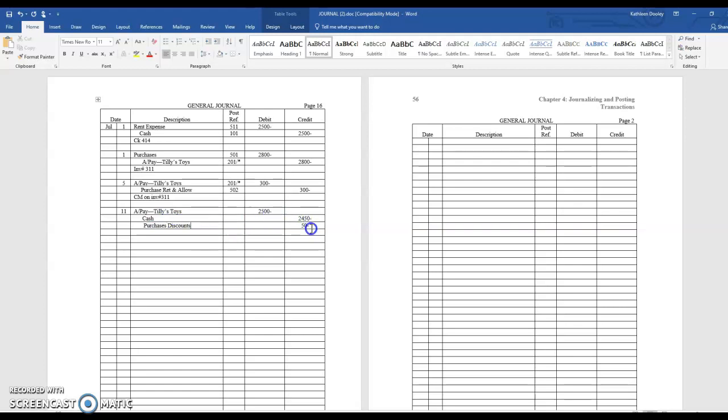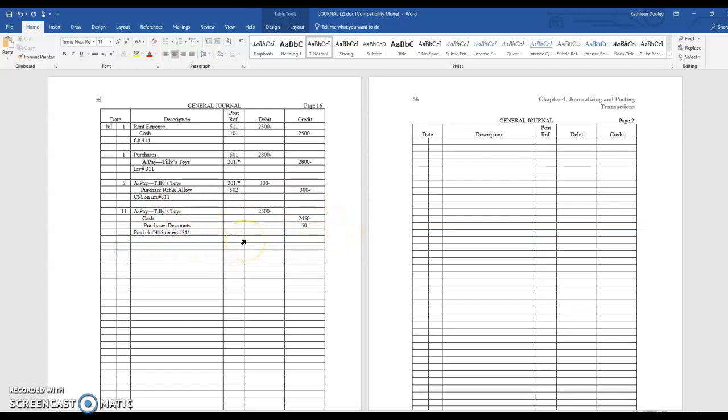Okay, now my debits equal my credits, and I can say paid check number 415 on invoice number 311. Okay, so now I've got my journal entry in.